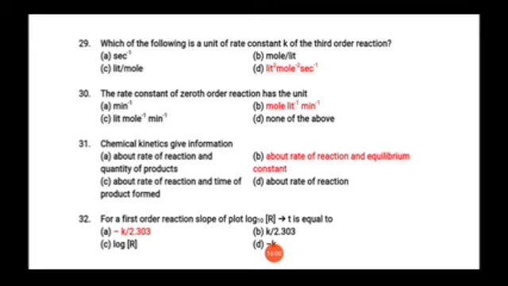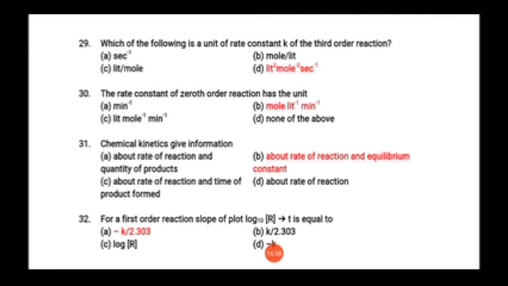Here the common unit is second inverse, mole per liter raised to 1 minus n. Here it is a zero order reaction, so 1 minus 0 is 1. So the answer is second inverse into mole per liter. But here instead of second, the unit is given in minute. So the correct answer is option B, mole per liter into minute inverse.